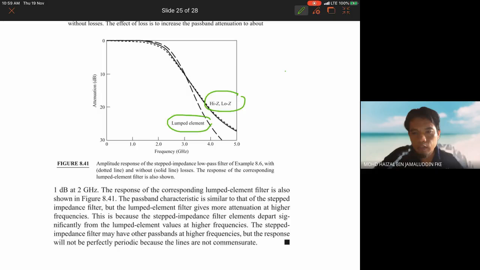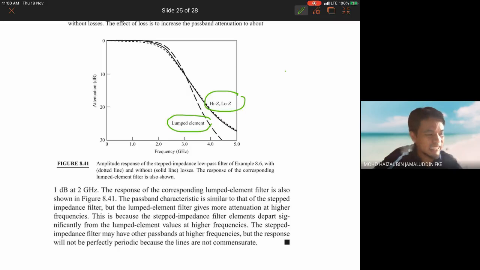However, you know already the problem of lump element, where the capacitor and inductor value, for example 2.576 picofarad for a capacitor, the exact value will be difficult to find and to fabricate. If you want to have the exact value, it will be very expensive. So that's the problem of the lump element.